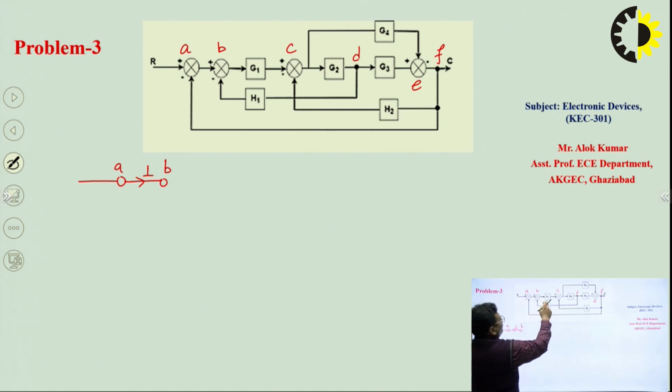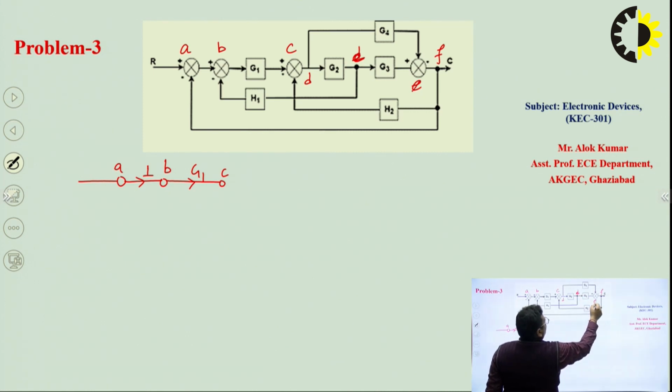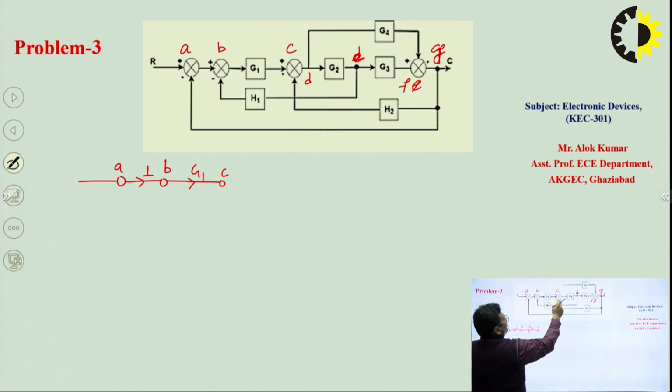Then we have gain factor G1 and summing point C, which will be represented by a node, and here we have gain factor G1. After this should be D, then E, and then F, and it will be G here. From C to D, because it's a takeoff point, it will be represented by a node.